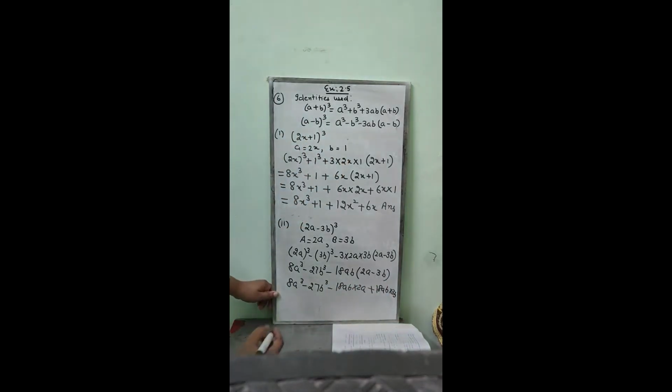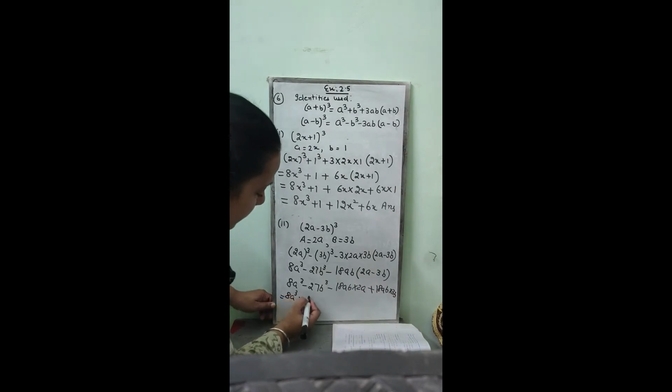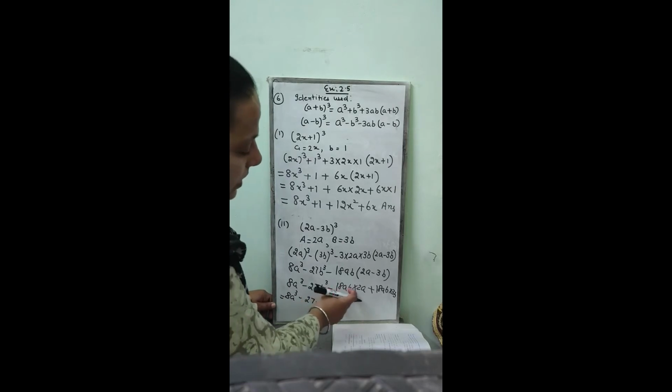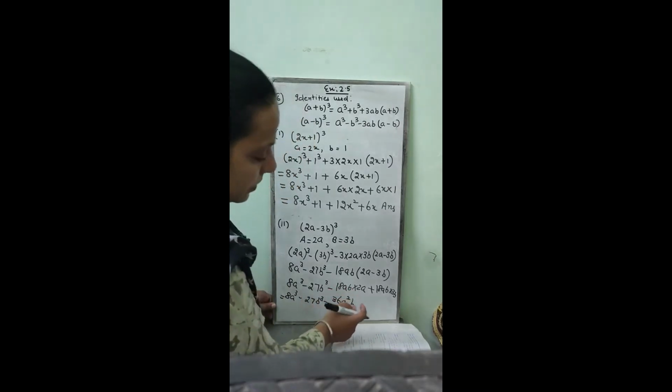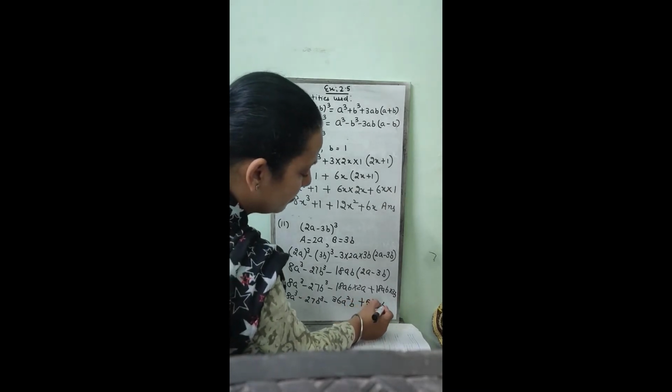So your final answer will be 8a cube minus 27b cube minus 18 2s are 36a square b plus 18 3s are 54ab square.